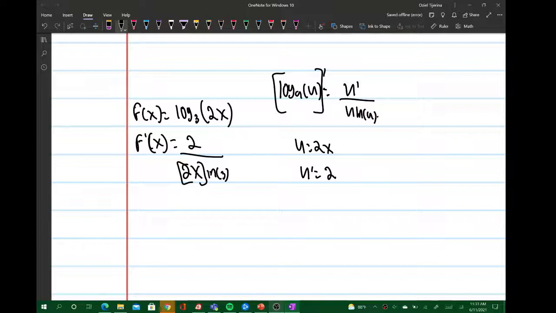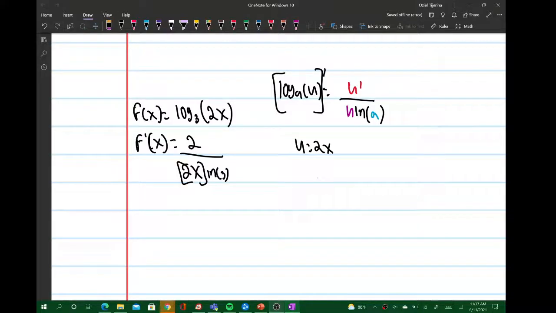And maybe I should color code this. So ln of a, like this, and let's make u prime red.